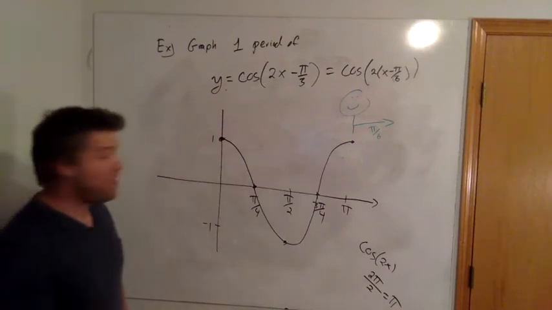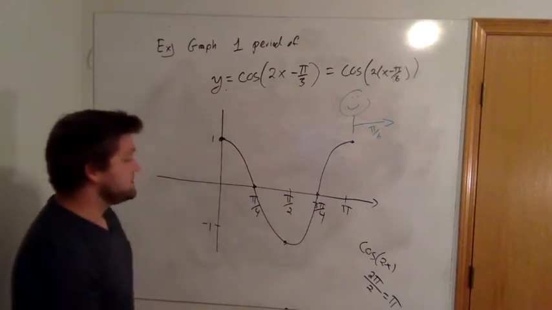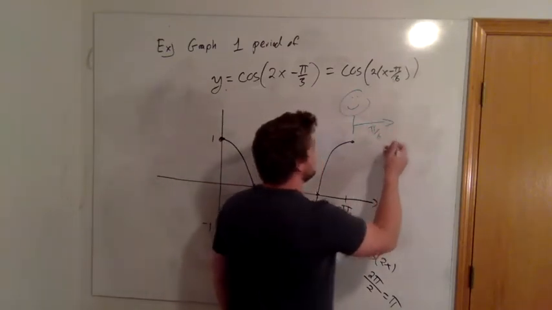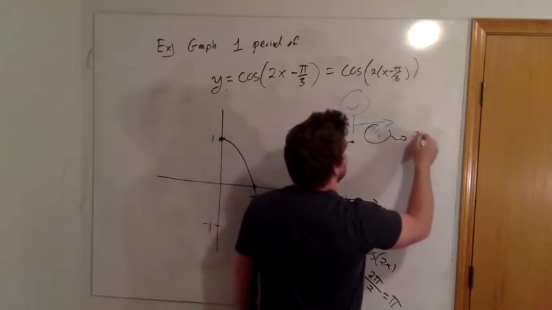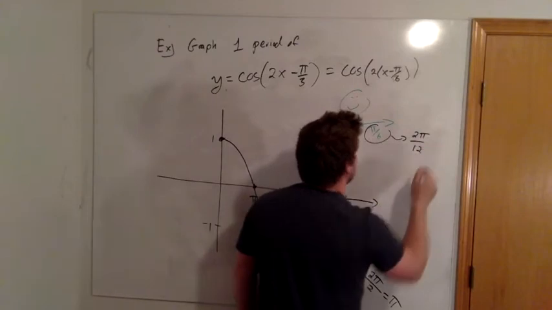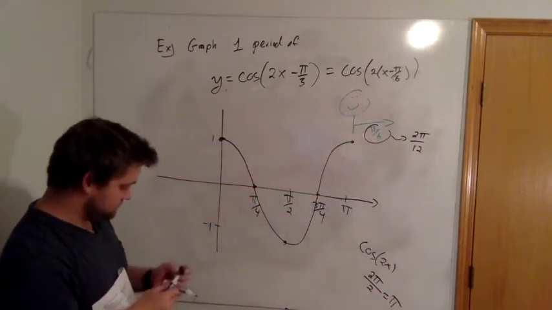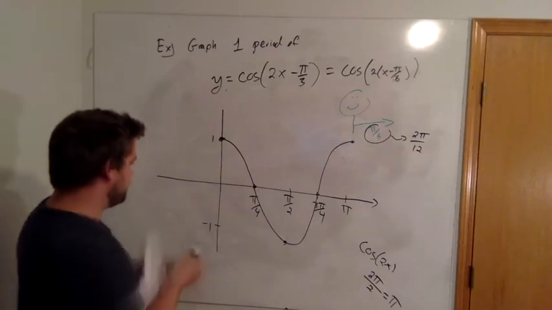Okay, so I need a good common denominator between a 6, a 4, and a 2. And I think a 12 is going to help us out here. So instead of moving right pi over 6, how about 2 pi over 12? Okay, so let's just change these values so they're 12s.